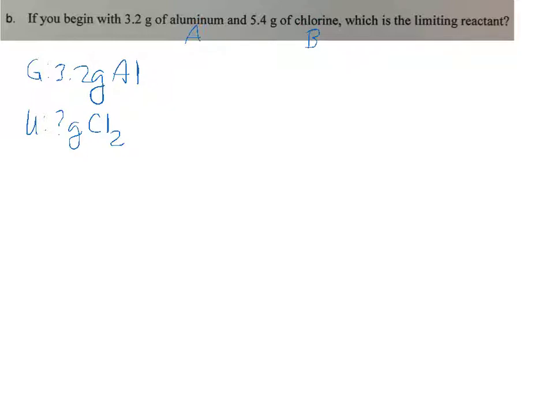So we need to set up our equivalent statements. In order to get from grams of aluminum to grams of chlorine, we have to go grams to moles of substance B to grams of substance B. And to get there, we have to do 3 conversion statements, because if you look, we have 3 arrows here. So the first conversion statement is to get from grams of our substance A, aluminum, into moles of that.